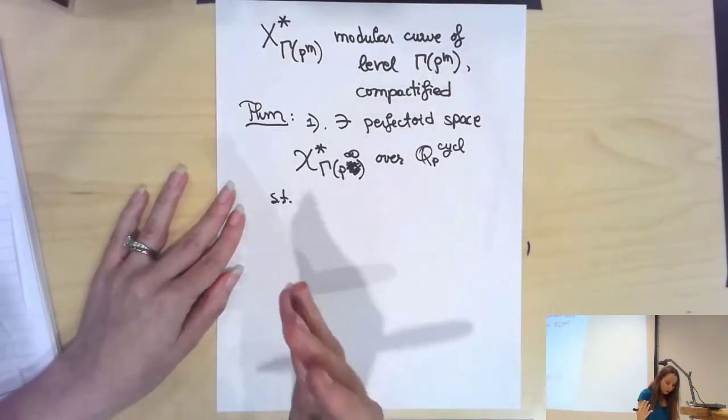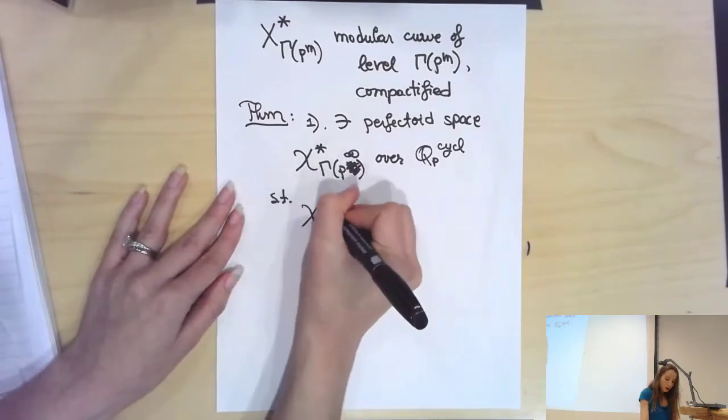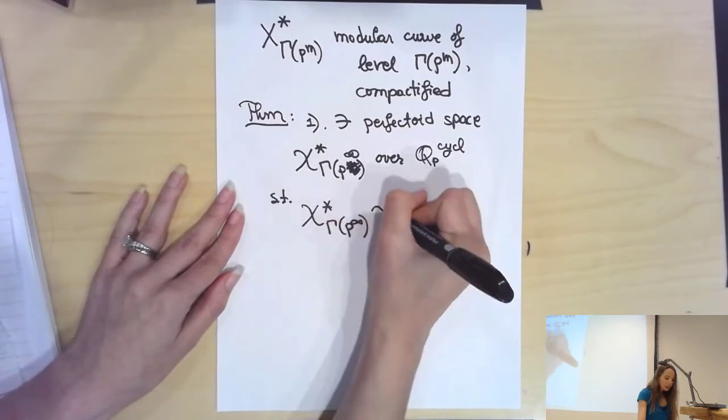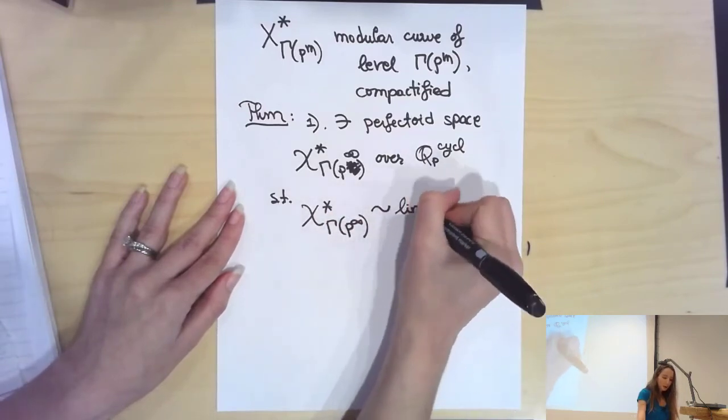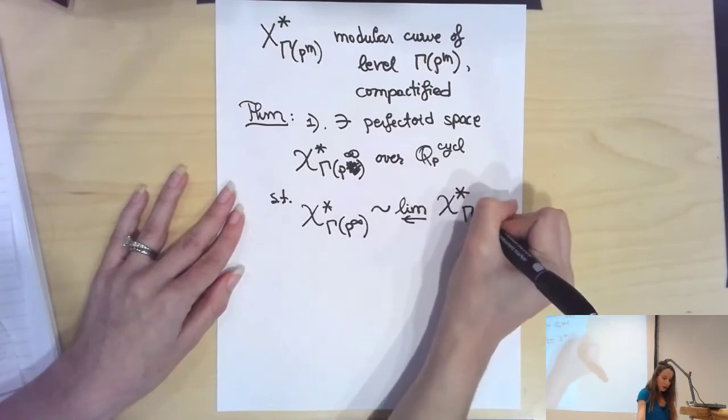So the precise way to say this is that this perfectoid space is similar to the inverse limit of spaces at finite level.